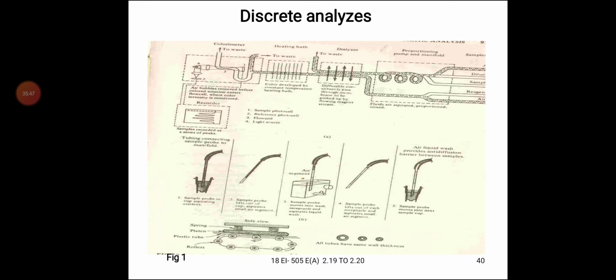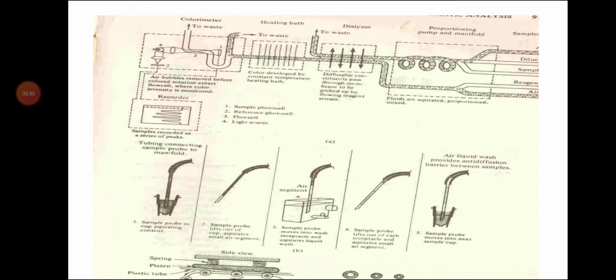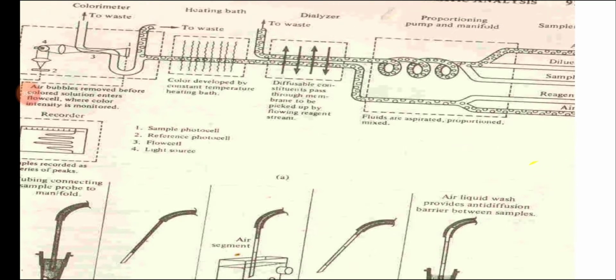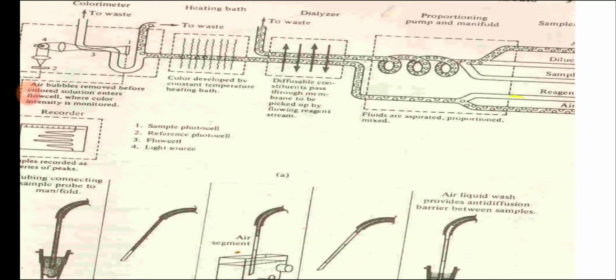In the discrete analyzer diagram shown in the slide, it consists of a sample injection system where air, gas, diluent and sample enter the proportioning pump and manifold system, where fluids are aspirated, proportioned and mixed.